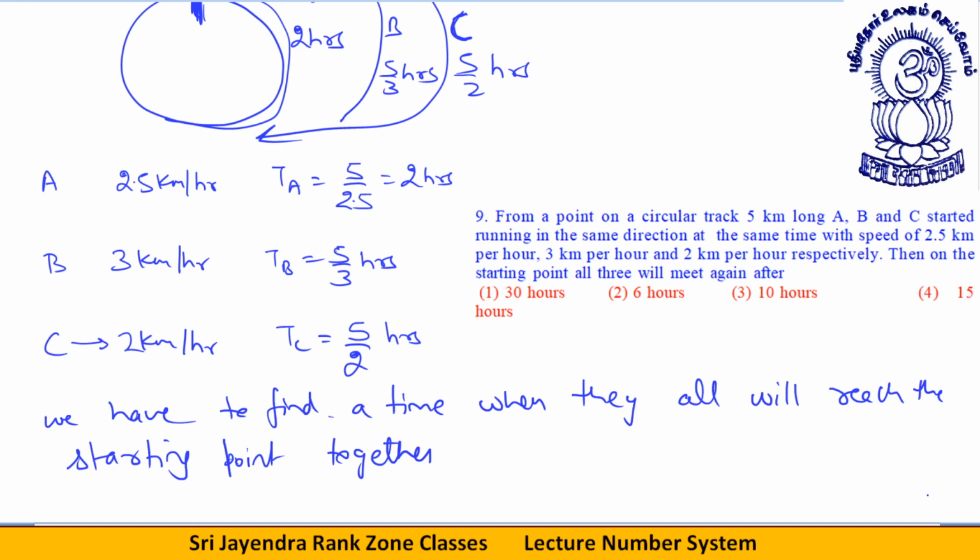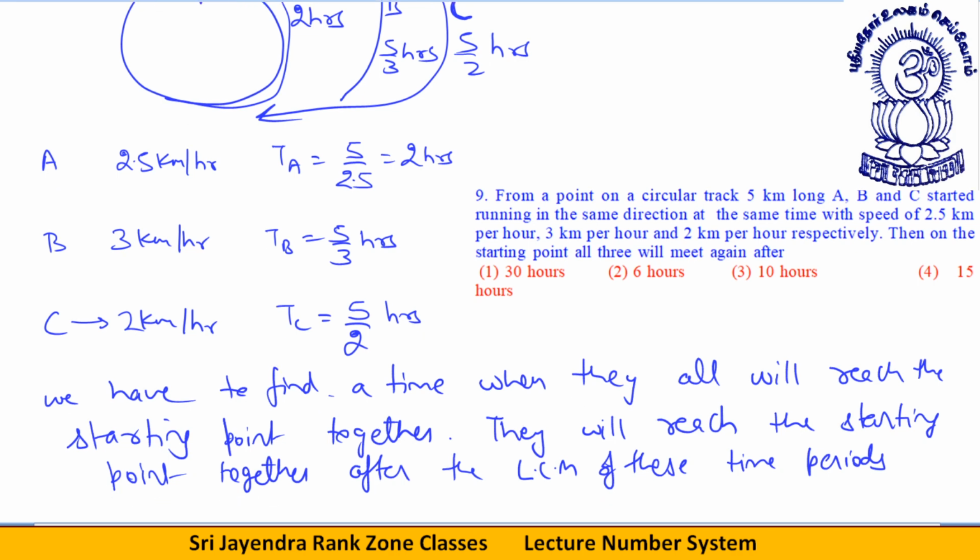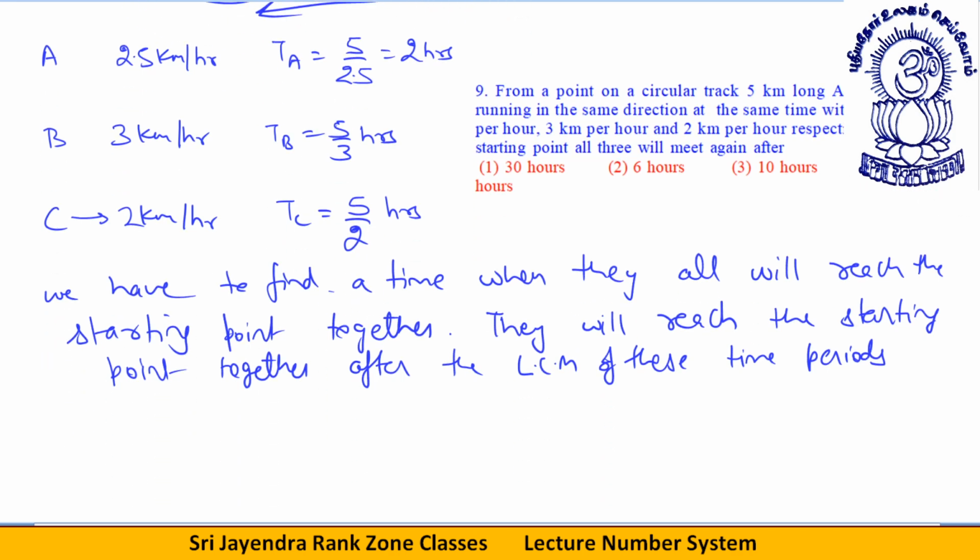So they will reach the starting point together after the LCM of these time periods. And now how to find the LCM? The time periods are 2 hours, 5 by 3 hours, and 5 by 2 hours.